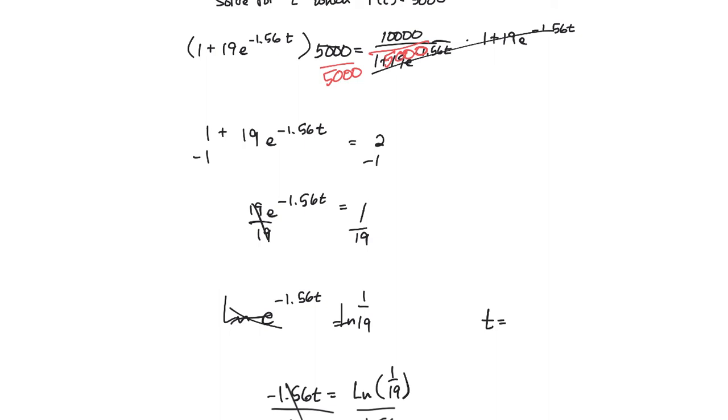So the amount of time in years is natural log of 1/19th divided by negative 1.56. So we want to approximate this on a calculator. And I'm getting 1.89 years.